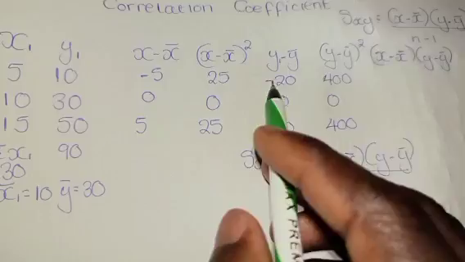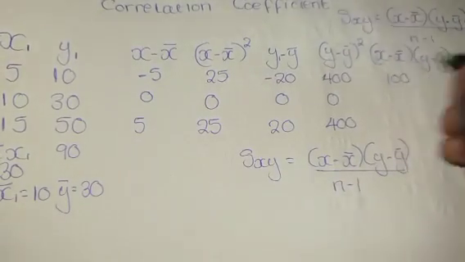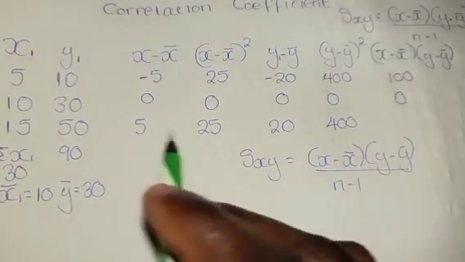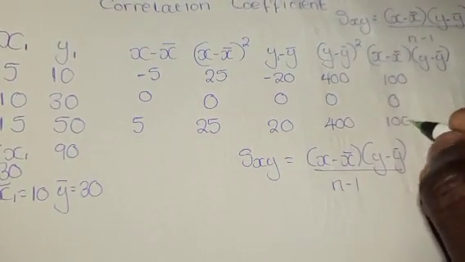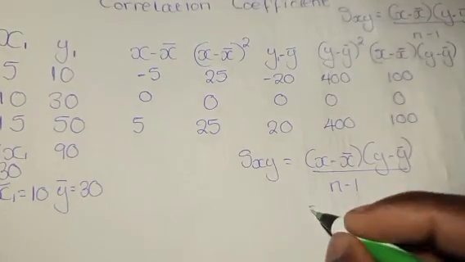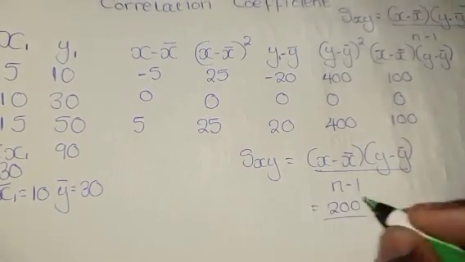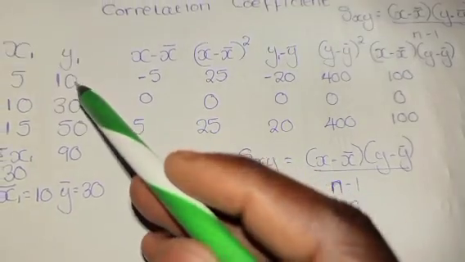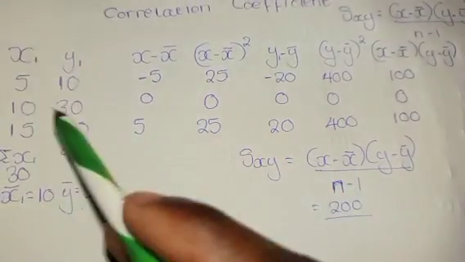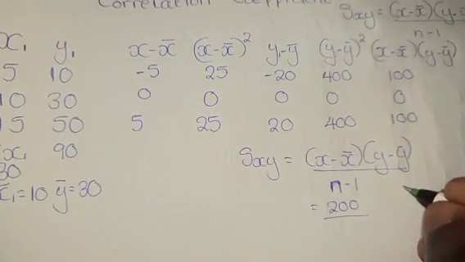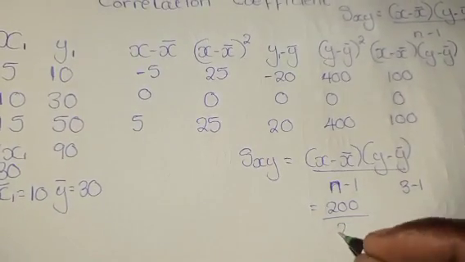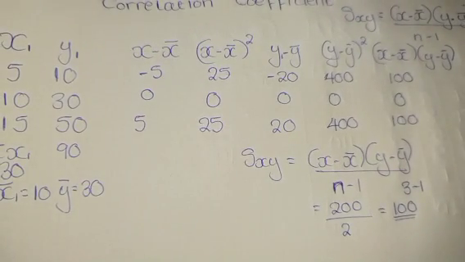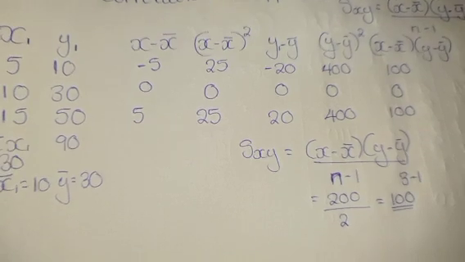Negative 5 times negative 20 is 100, 0 times 0 is still 0, and 5 times 20 is 100. When you add everything, you get 200. This n is the same as the frequency, and the frequency is 3, remember, these are appearing 3 times. So it will be 200 divided by 3 minus 1, whose value is 100. So this is the value of the covariance.